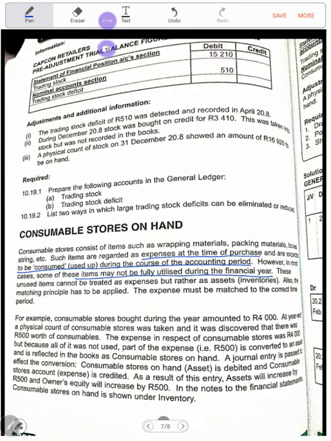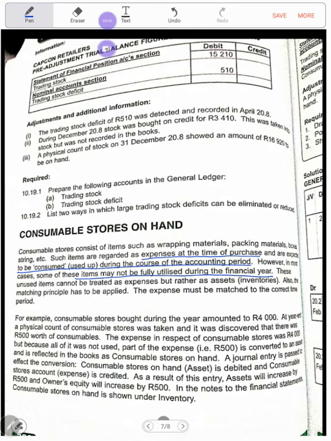Consumable stores are an expense, but if it is not used, it becomes consumable stores on hand. It is converted into an asset. Expense if it's used, an asset if it's unused. Okay, also the matching principle has to be applied. The expense must be matched to the correct time frame.